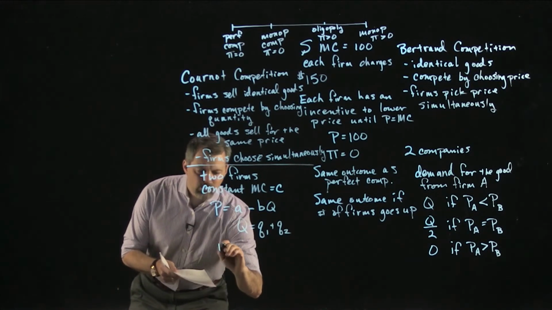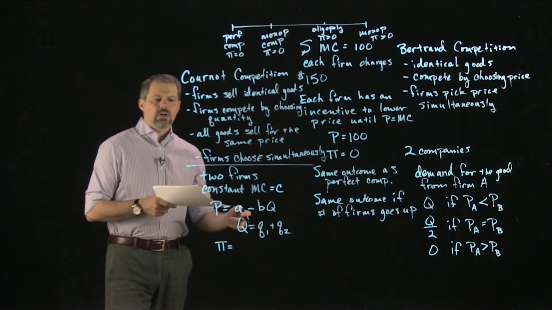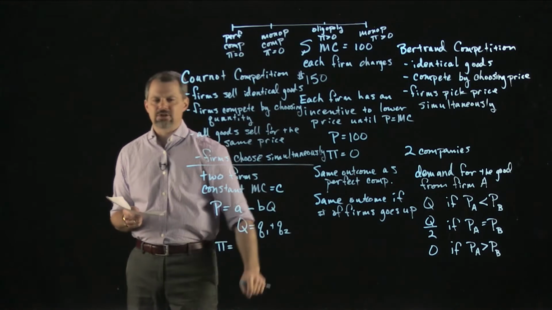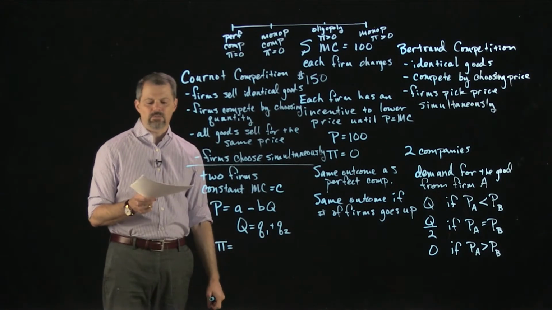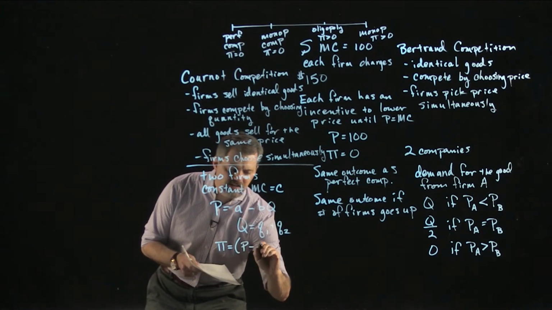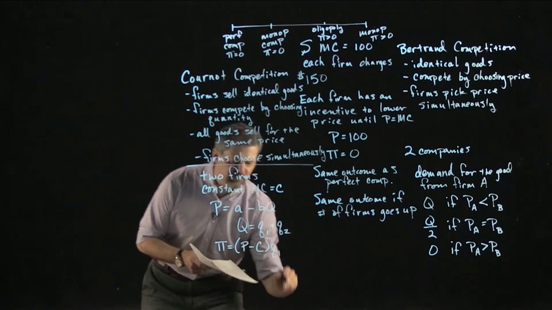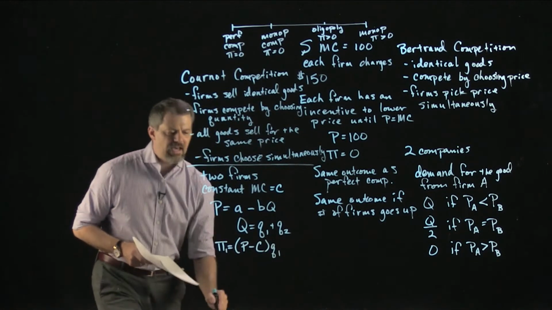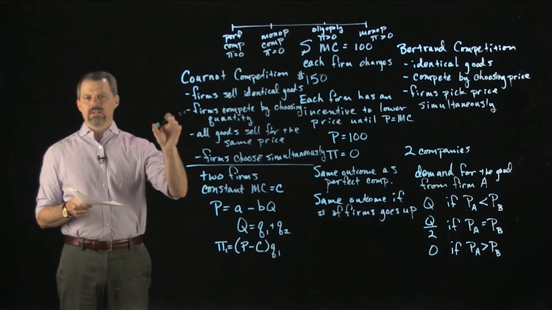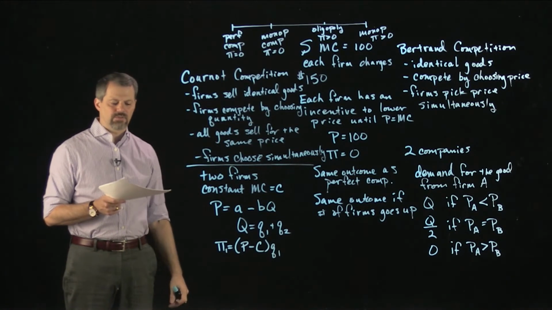Profit is going to be price minus average total cost, and let's make the same assumption that our fixed cost is equal to 0, so our average total cost ends up being just equal to C. So it's going to be P minus C multiplied by however much firm 1 produces. That will be the profit for firm 1. And the profit for firm 2 will be price minus average total cost, times however much firm 2 produces.